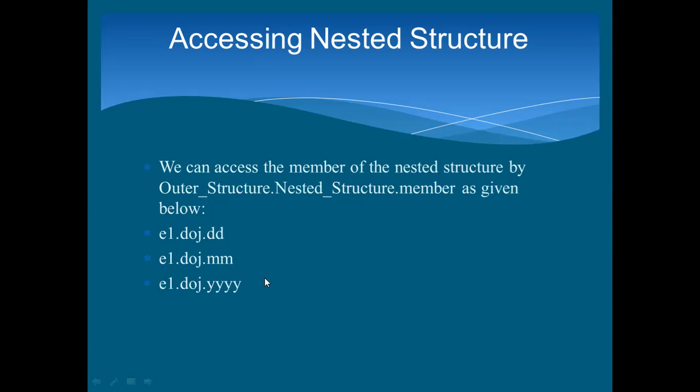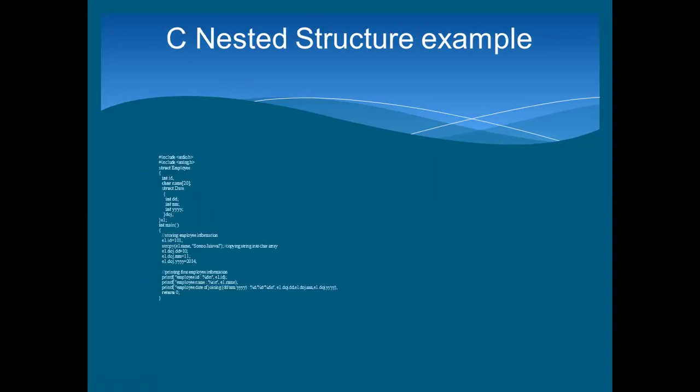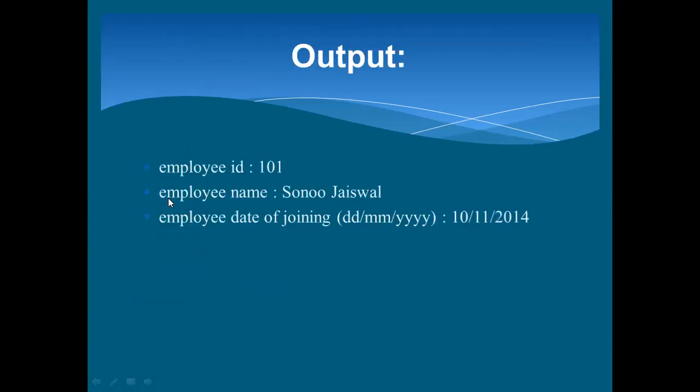So we are going to access its date of joining like this. So this is an example. Now if you are going to use this one, we are going to get the employee name.